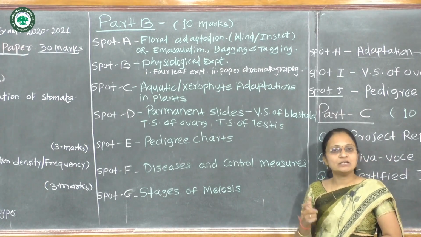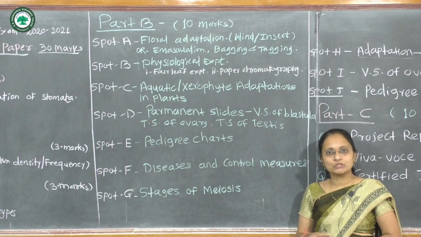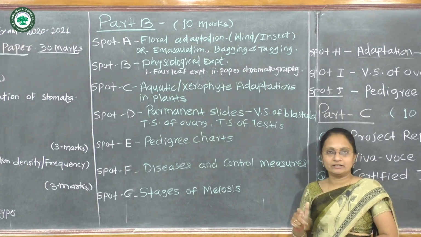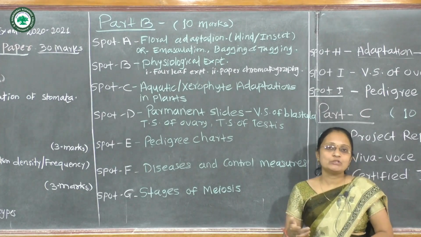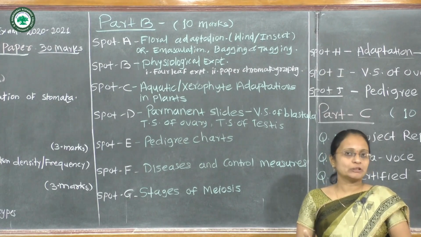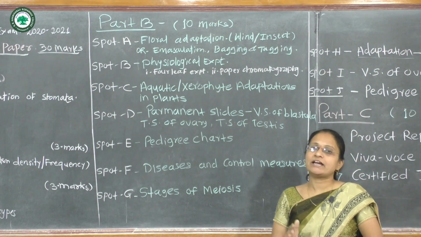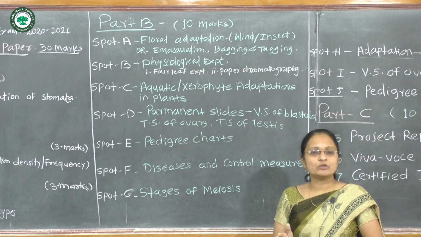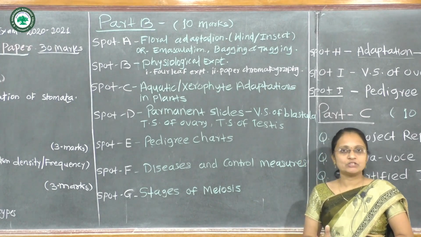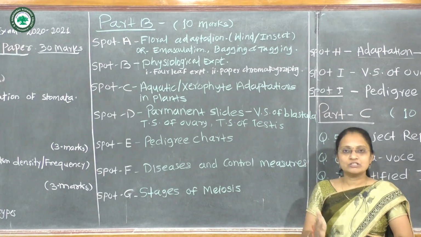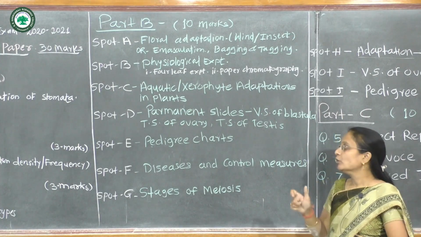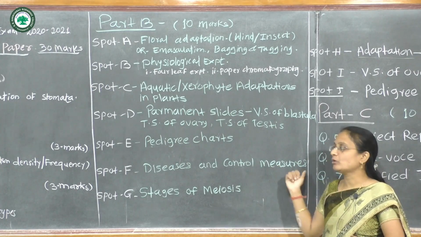The various images of the pathogens are kept there, and you have to identify them. The image will indicate that such a pathogen is responsible for causing such diseases. Suppose it shows the Salmonella typhi image, it indicates the causative organism of typhoid. You have to identify the disease and describe only the symptoms along with the control measures.